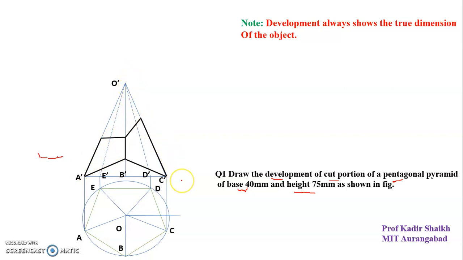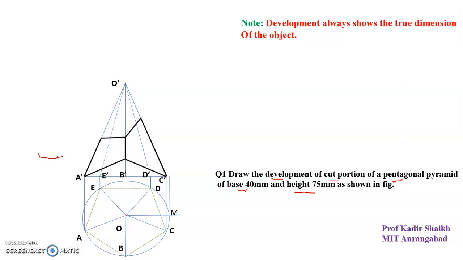So to find the true length, let me consider OC as a slant edge in the top view. With OC as a radius and O as a center, draw one arc, which will be the construction circle of the pentagon. At point M, it will cut the construction circle of the pentagon.